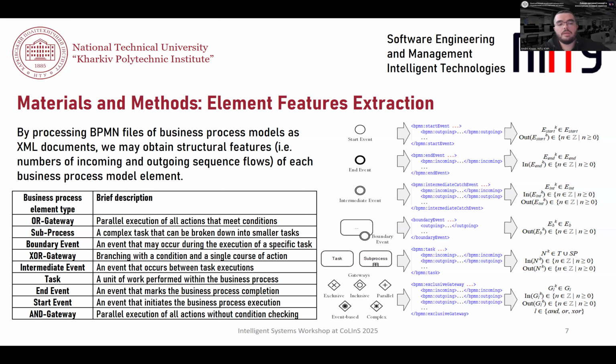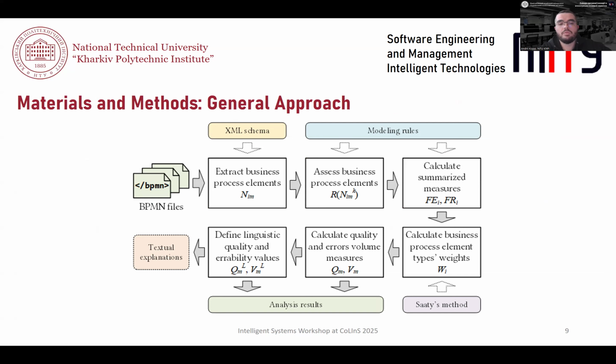And the general approach we introduce includes such steps as business process model elements extraction from XML documents, actually representing BPMN diagrams. Using modeling rules, we then assess business process elements for conformance to these rules and calculate summarized measures such as the fault rate.